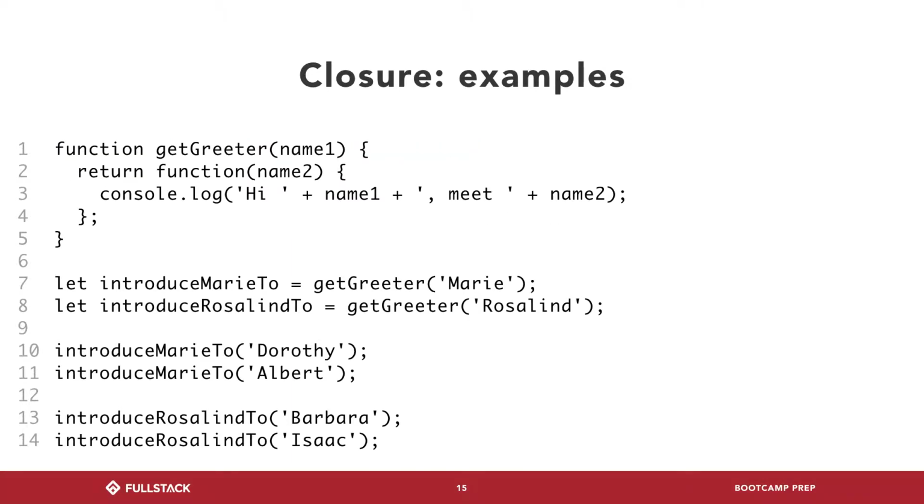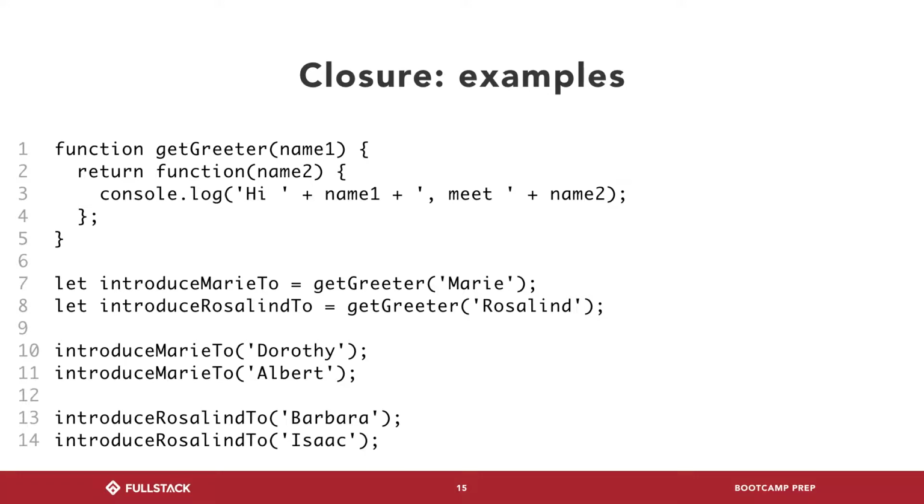So if I go back to this slide here, between line 7 and 8, I create 2 variables. One's called introduceMarieTo, and one's called introduceRosalindTo. In both cases, I'm invoking the getGreeter function and passing in a name, which becomes name 1. In each case, I'm getting an anonymous function back.